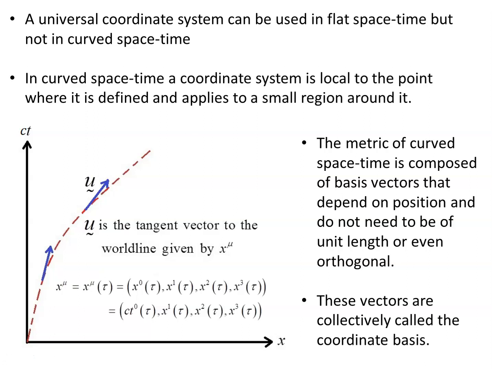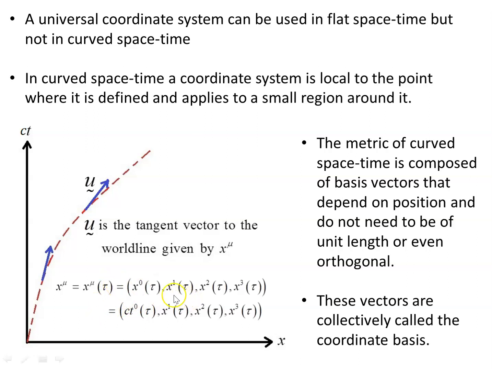The basis vectors are not constant everywhere. They depend on position and they change. They may not even be of unit length or even orthogonal to each other. Again here I've used a two-dimensional spacetime diagram with coordinate time t and position x, but we're going to be very shortly interested in the path of a particle parameterized in terms of its proper time.